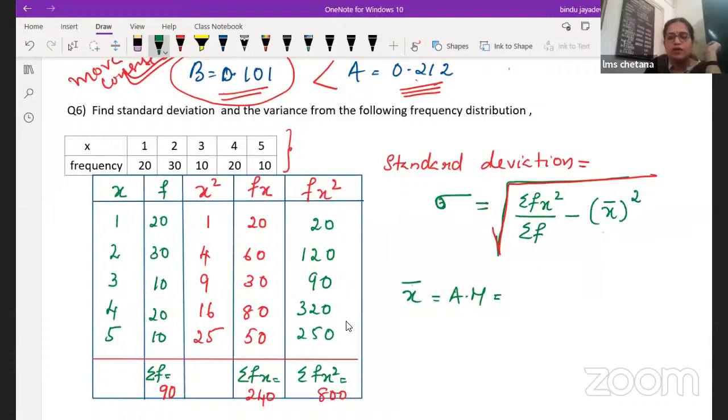What is the formula for arithmetic mean? Yesterday I taught you, the arithmetic mean is equal to sigma FX divided by sigma F. Do you remember? We calculated the arithmetic mean of discrete data. Therefore, that is equal to sigma FX, that is 240, divided by sigma F, 90. Calculate all of you.